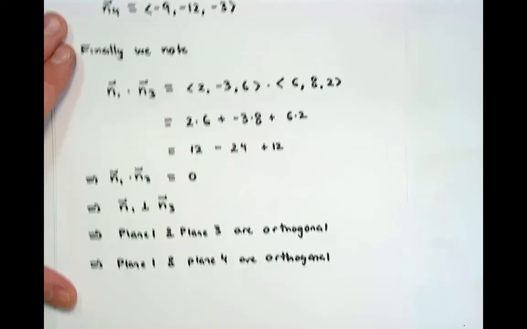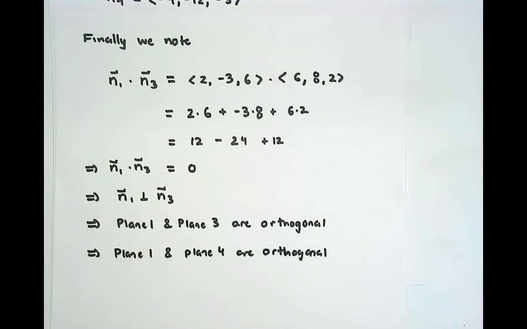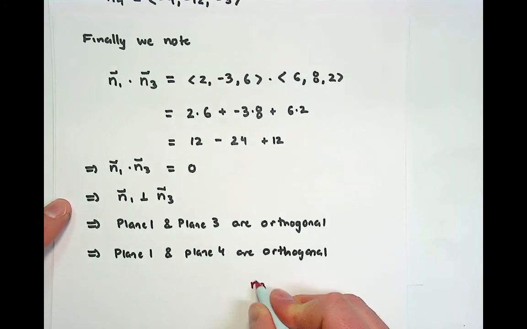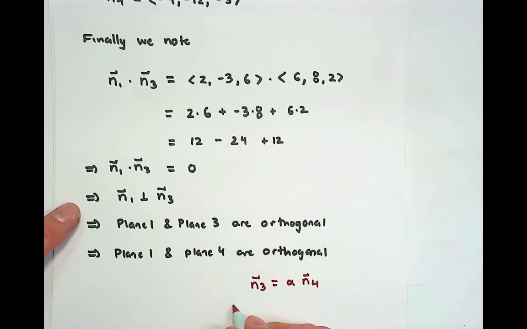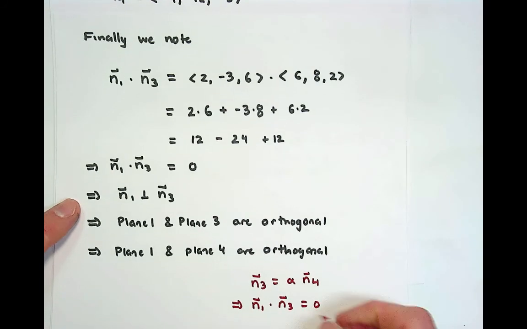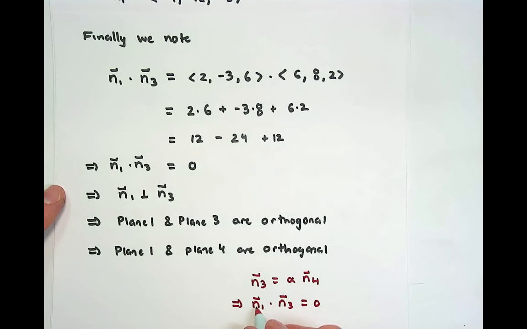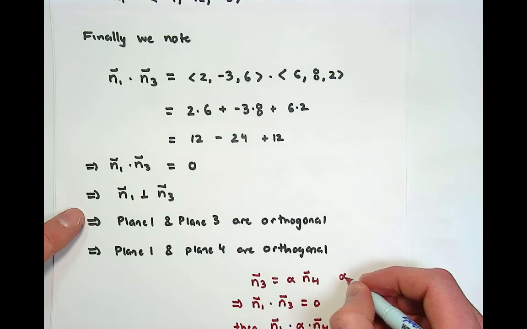And I'm just going to go ahead and remind you why that might be true. Remember that we had said that n3 was a scalar multiple of n4, which immediately means if I took n1 dot n3 and I were to get 0, then, well, if I just go ahead and substitute, this would be alpha times n4 equal to 0, and this alpha was non-zero, right?